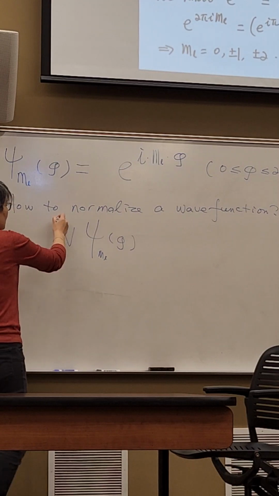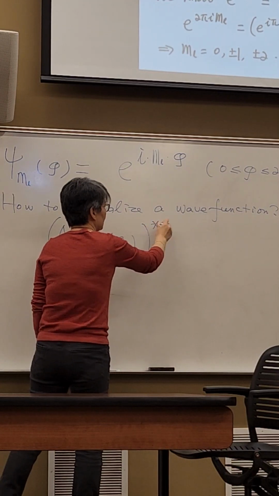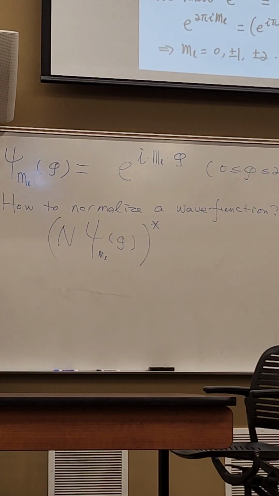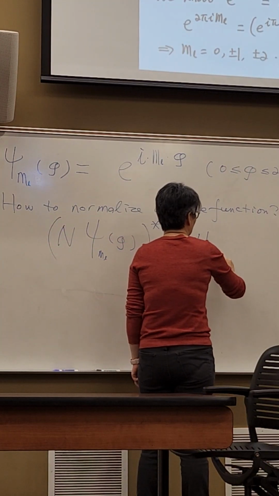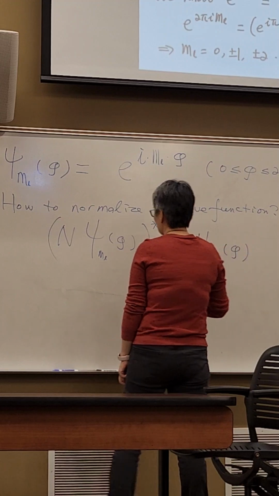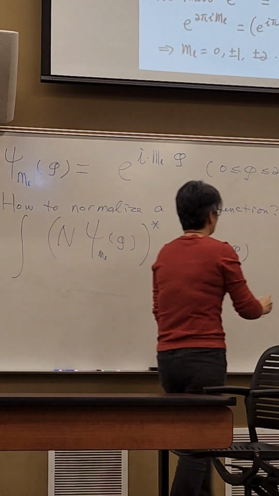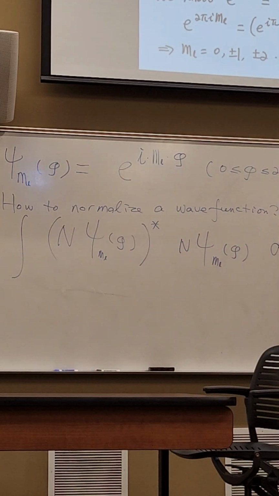Then what we do is take the complex conjugate of that wave function, multiply it by the wave function itself, and then integrate over the allowed space. In this case, the allowed space is only d phi.